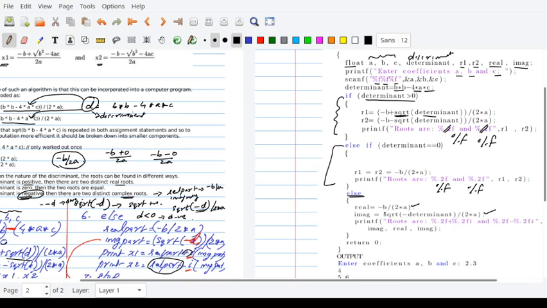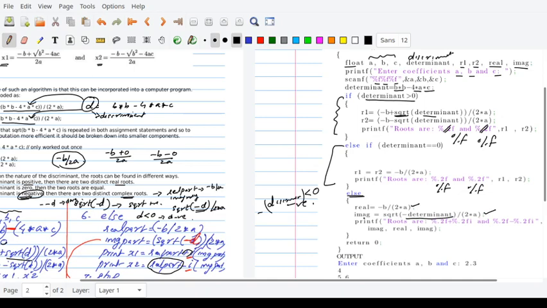So the real part is equal to minus b divided by 2*a. The imaginary part is equal to the square root of the negative of your discriminant, because already you know the discriminant is less than 0, so already it is negative. You cannot find the square root of a negative number, so you have to make it positive. So you find the negative of this term, and you have a positive term now. So you find the square root of negative of discriminant divided by 2*a.